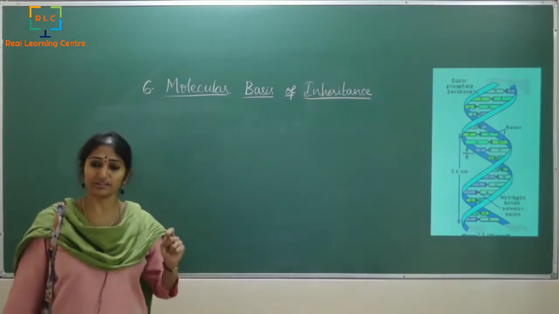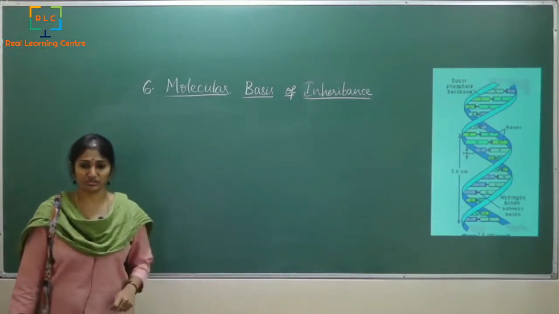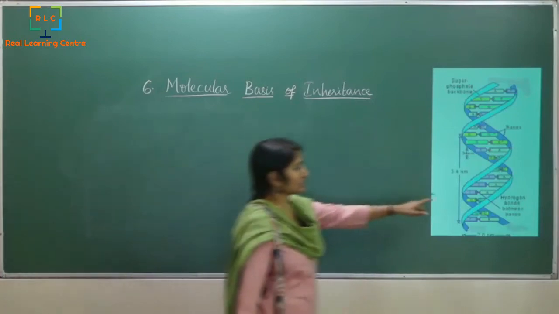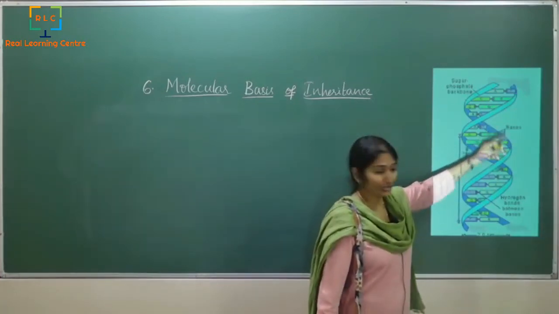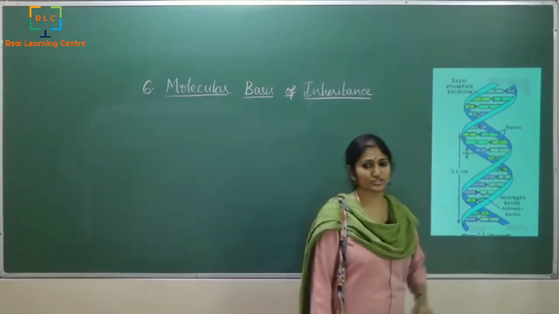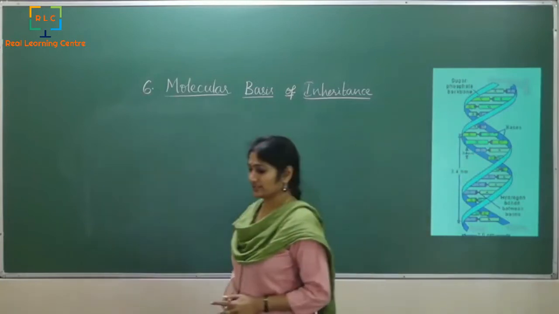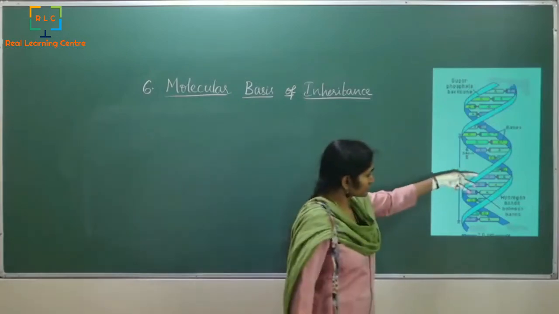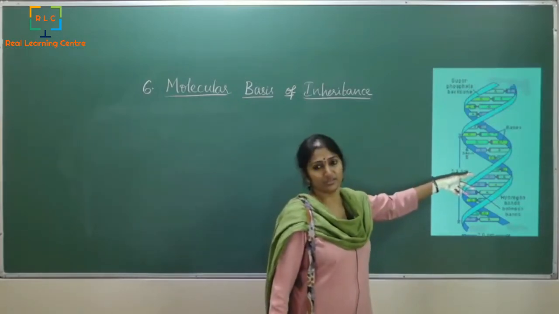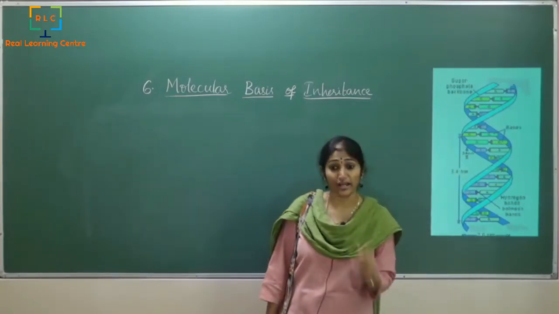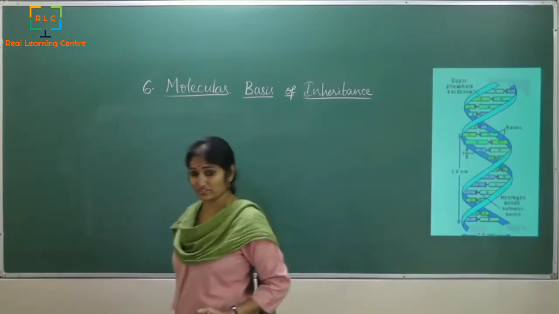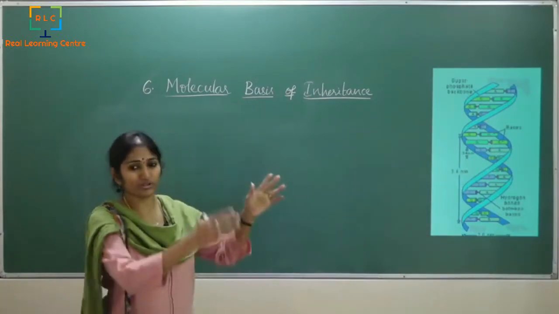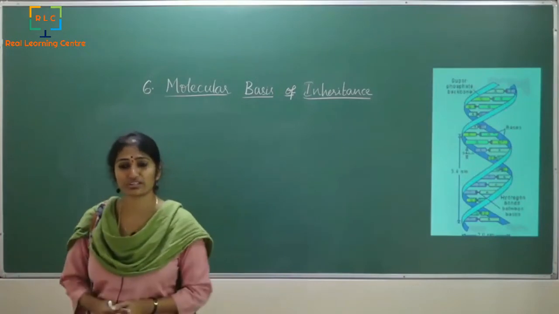Now all the genetic information is coded in these nitrogenous bases. The arrangement of these nitrogenous bases is so profound that three consecutive nitrogenous bases code for one amino acid, and so many amino acids one after the other will give rise to a protein.